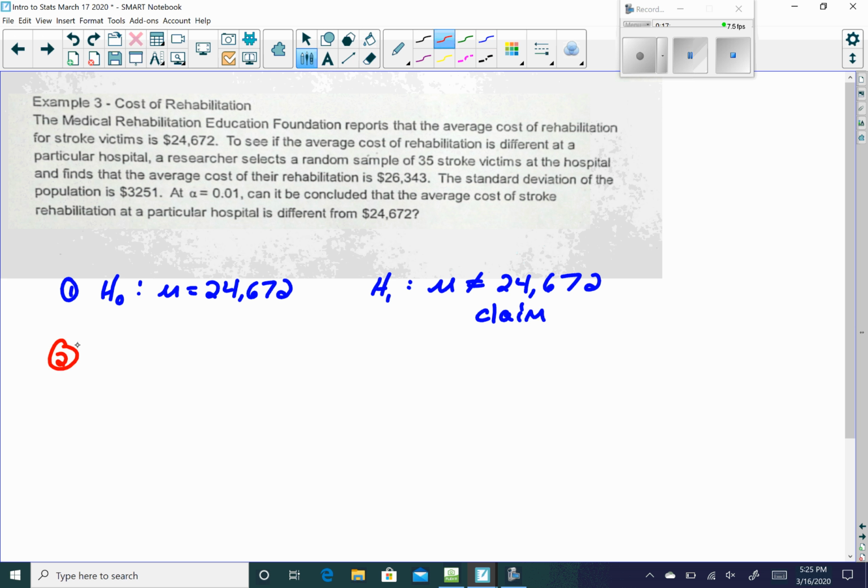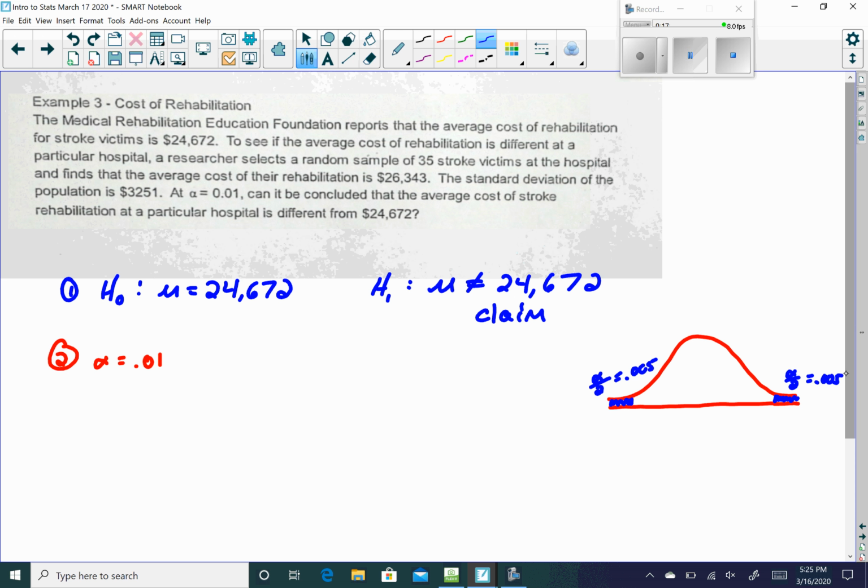Because it's not equal to, this is a two-tailed test, so if we draw our little sketch, we have this little area here, and I'm making it larger on purpose just so we can see it better. But since alpha is 0.01, this little bit over here, alpha over 2 is 0.005, also over here.